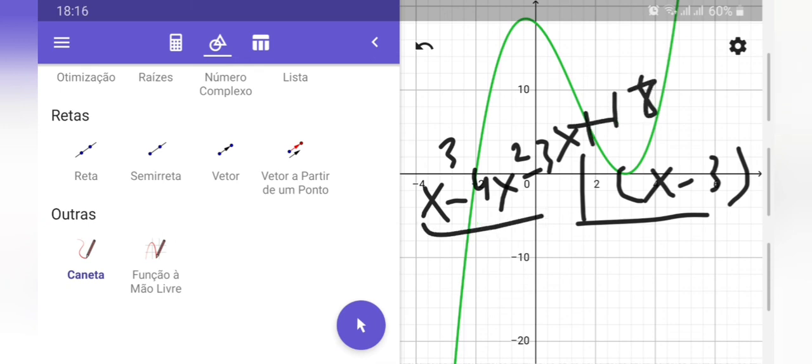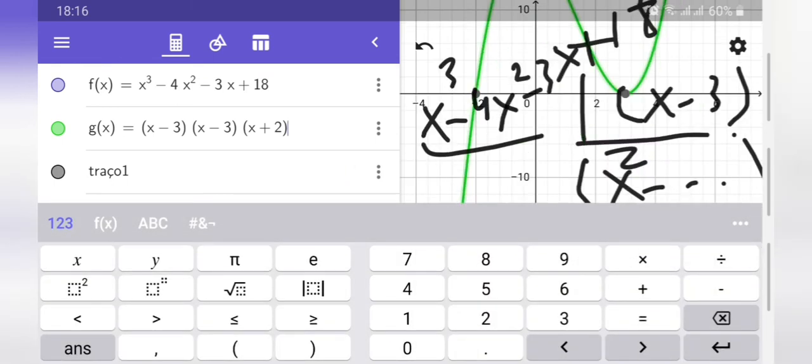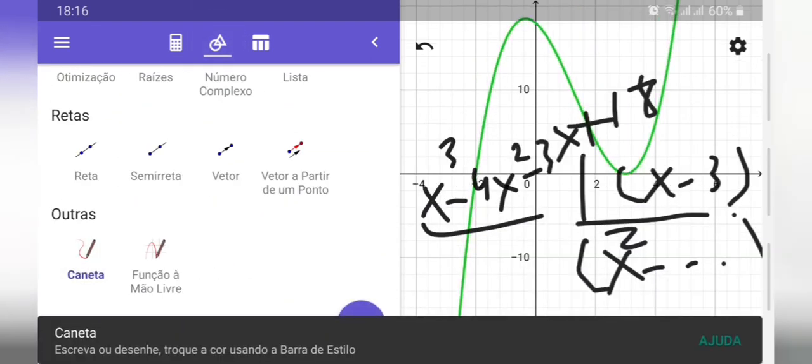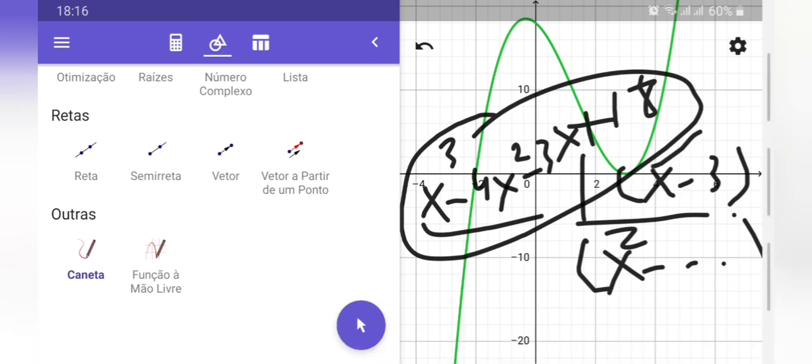Then you will find the answer, the other two parentheses that, when you multiply them all together, give you the f of x. I hope you understood.